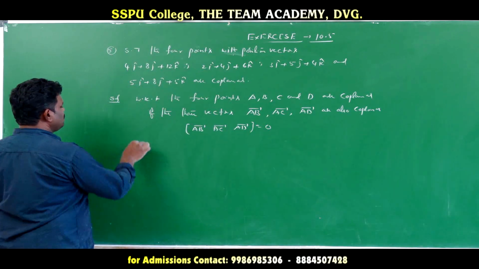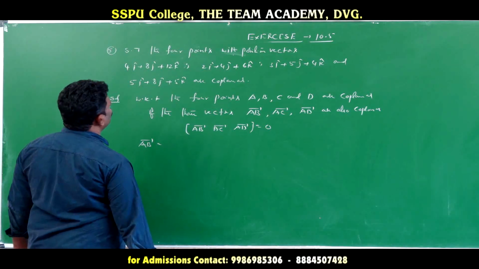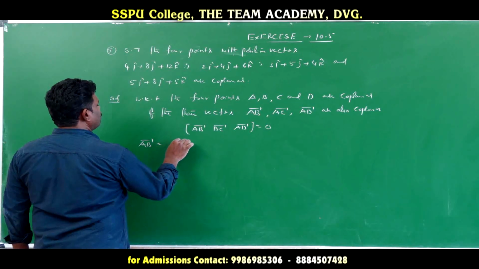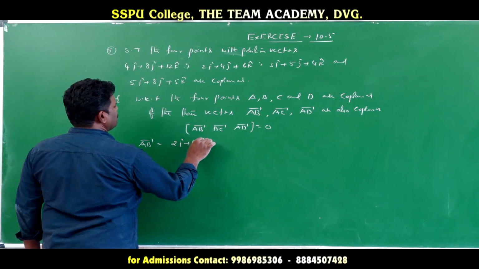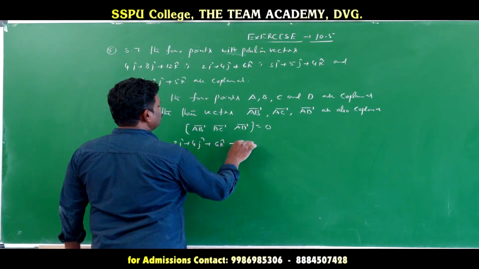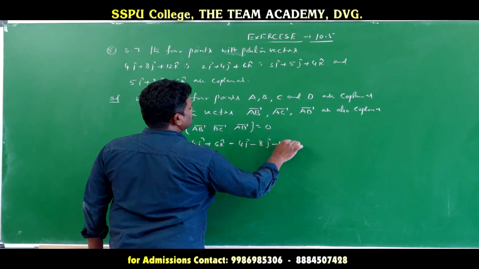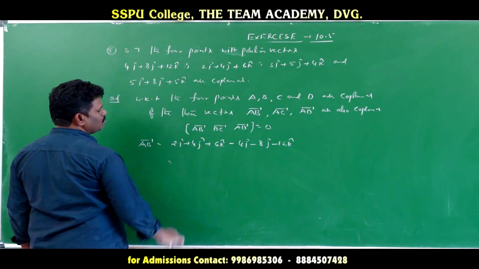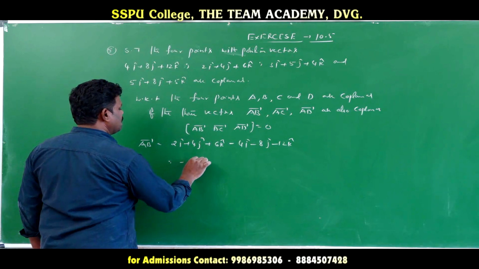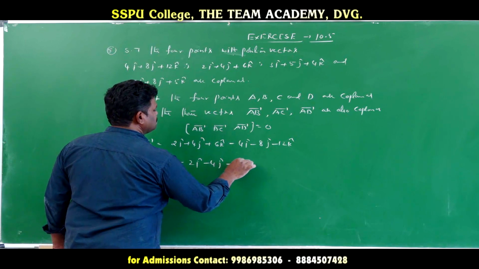Now first we find out the AB vector. AB vector means OB minus OA. So see here: 2i cap plus 4j cap plus 6k cap, minus 4i cap minus 8j cap minus 12k cap. That is equal to how much? Minus 2i cap, minus 4j cap, minus 6k cap.